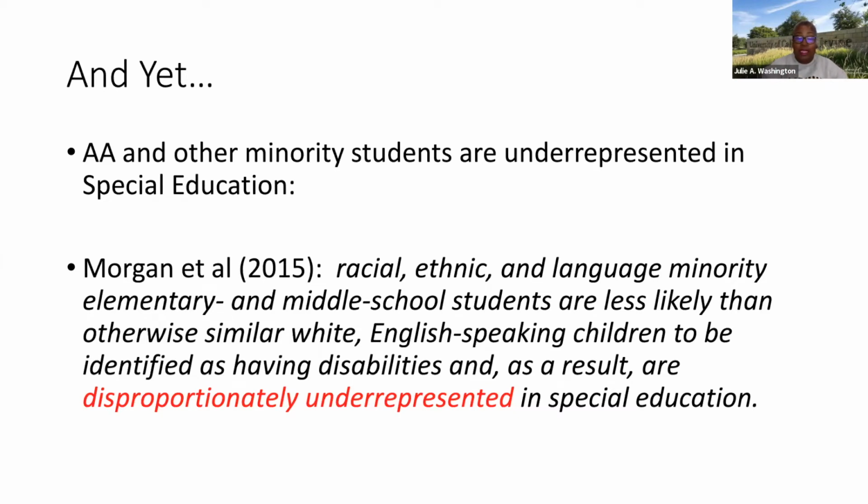Well, one of the things that Paul Morgan and his colleagues at Penn State have done is taken the national data and disaggregated it. And what we find when we do that is that there is disproportionate underrepresentation in special education for African American and other minority students, but only in certain categories. So there are some categories for which we see overrepresentation still.